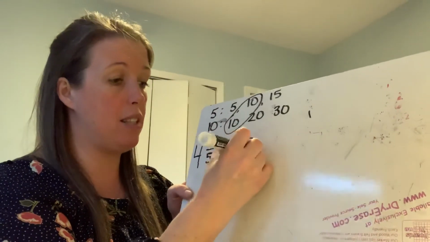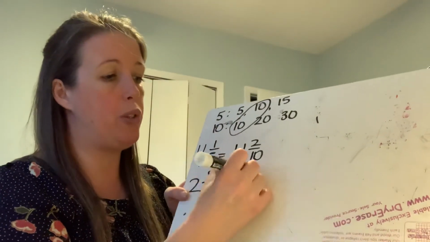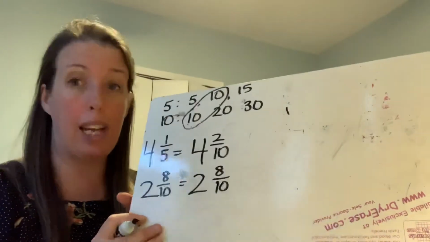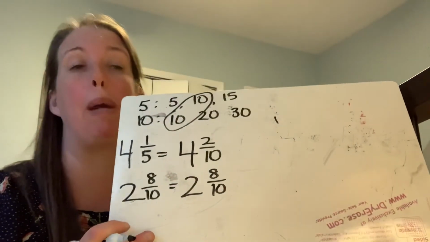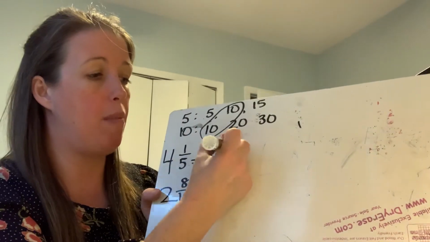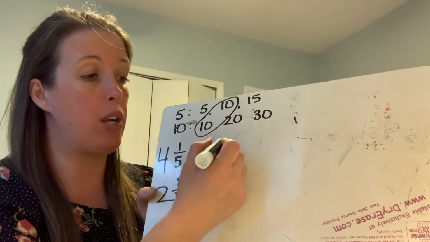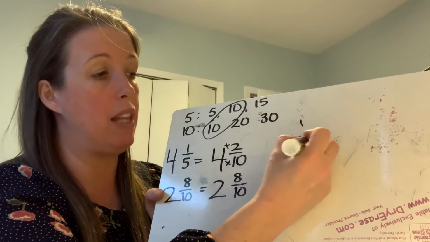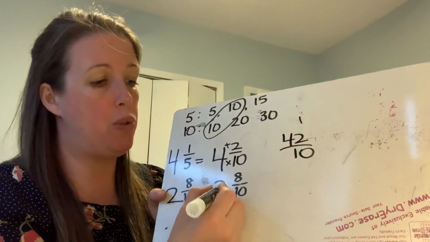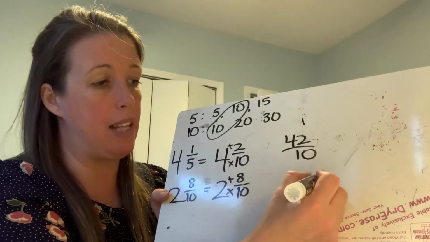and 2 tenths. And my 2 and 8 tenths stays 2 and 8 tenths. Now with the second strategy, we are renaming both. So I'm going to multiply my denominator times my whole number. 10 times 4 is 40, plus 2 more is 42 tenths. 2 times 10 is 20, plus 8 more is 28 tenths.